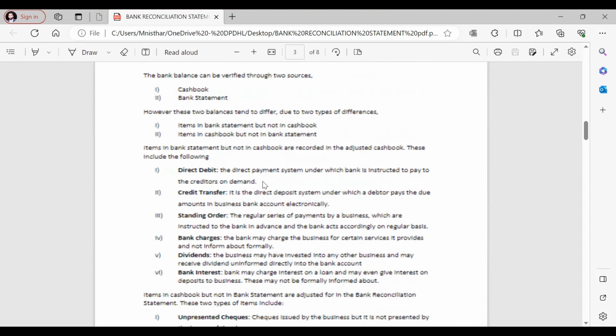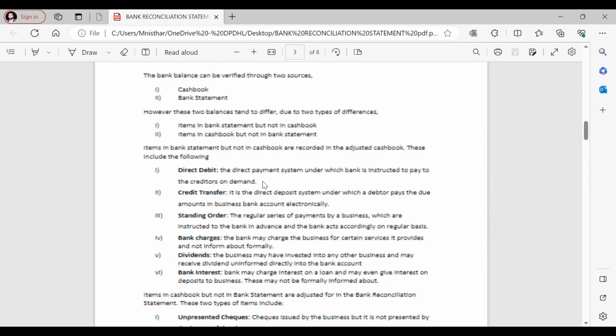So what do standing order payments mean? Let's say you are maintaining a business, and you get certain bills which you should pay monthly, or every certain period, say every 3 months. Let's take the electricity bill.